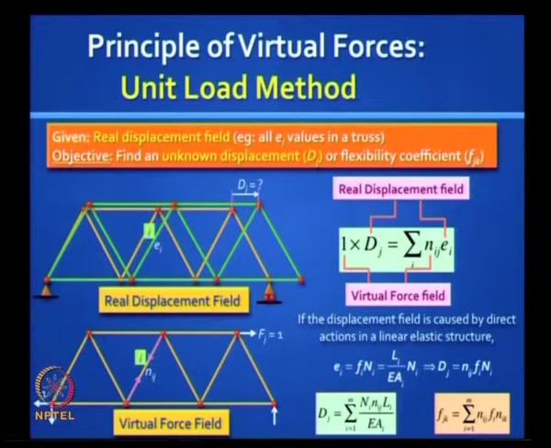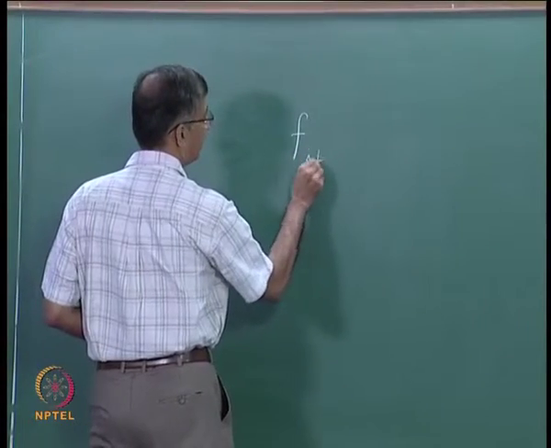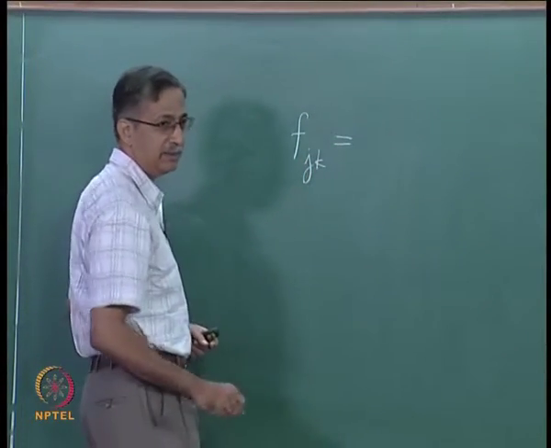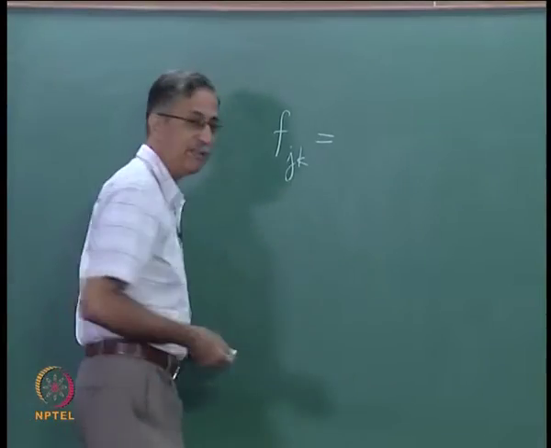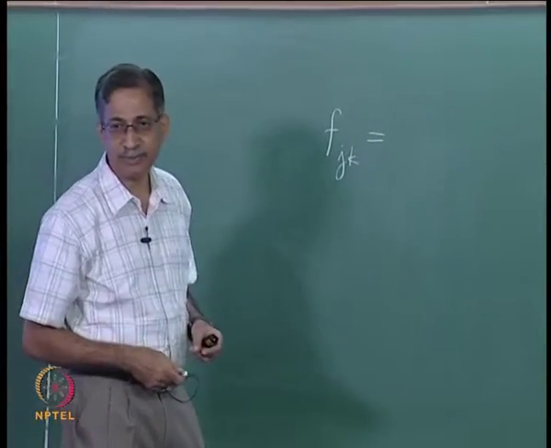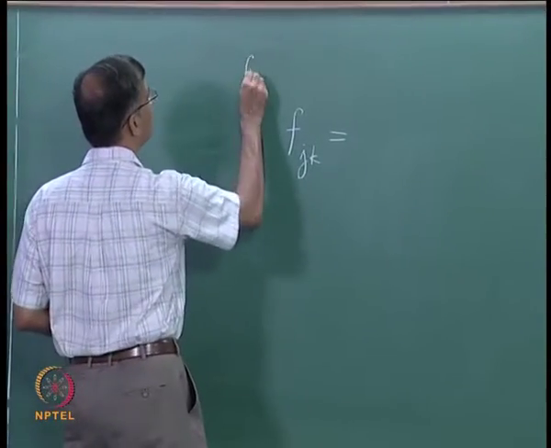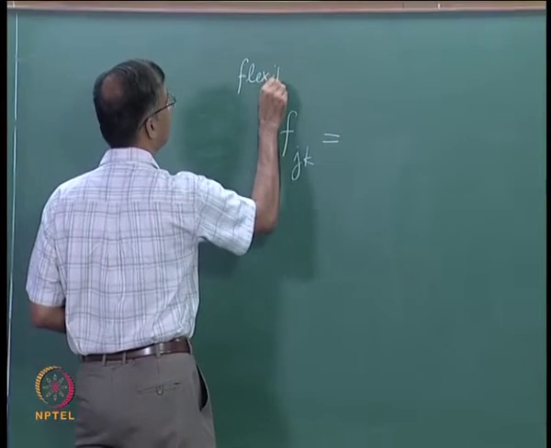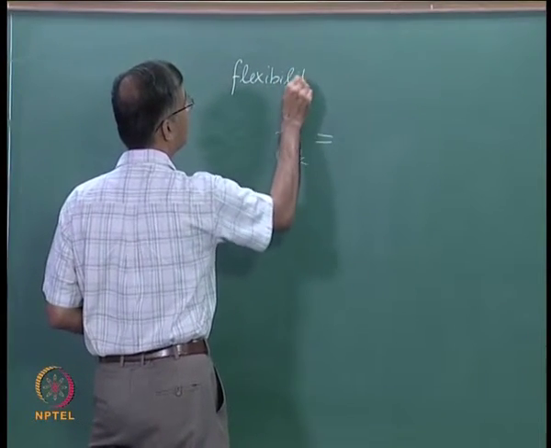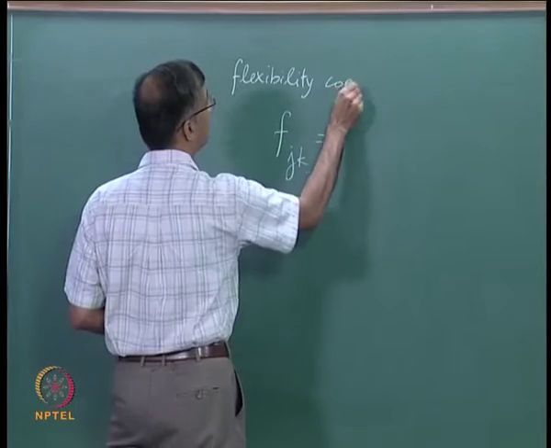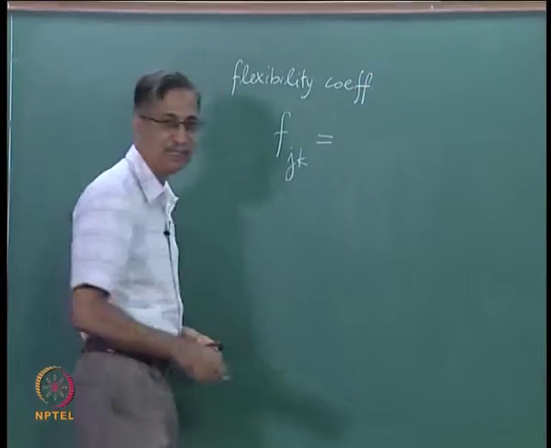How would you define Fjk? Fjk is defined as, is it a force or is it a displacement? This is a flexibility coefficient. So flexibility coefficient is a force or a displacement? It is a displacement.